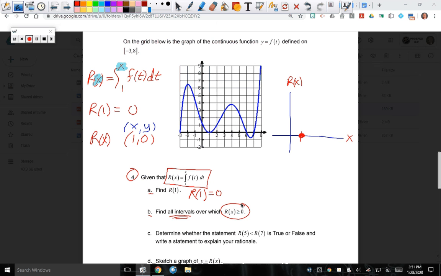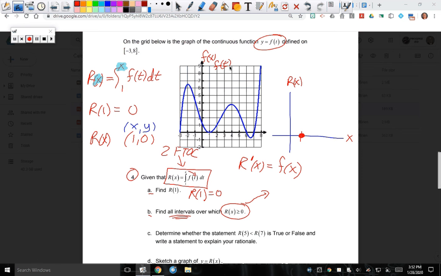One of the easiest ways that I see is to derive using the second fundamental theorem and see r prime is equivalent to what? f of x, right? Because remember, you plug in the bound and multiply by the derivative. We're good? So this can be seen as f of x and f of t. It is a given f of t, but when I derive it, I can see it as f of x. Same graph.